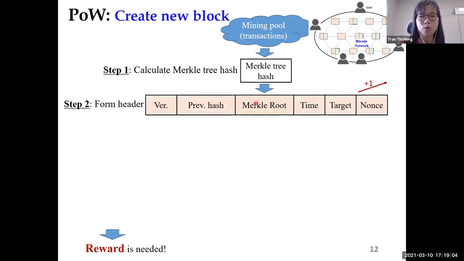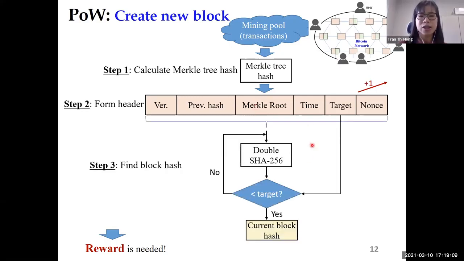Then step 2, form the header, and from this header, generate the hash of the header by running the double SHA-256 algorithm. To run the proof of work, the miner needs to run the double SHA a lot of times by changing the nonce value until it finds a hash value that meets the target value.